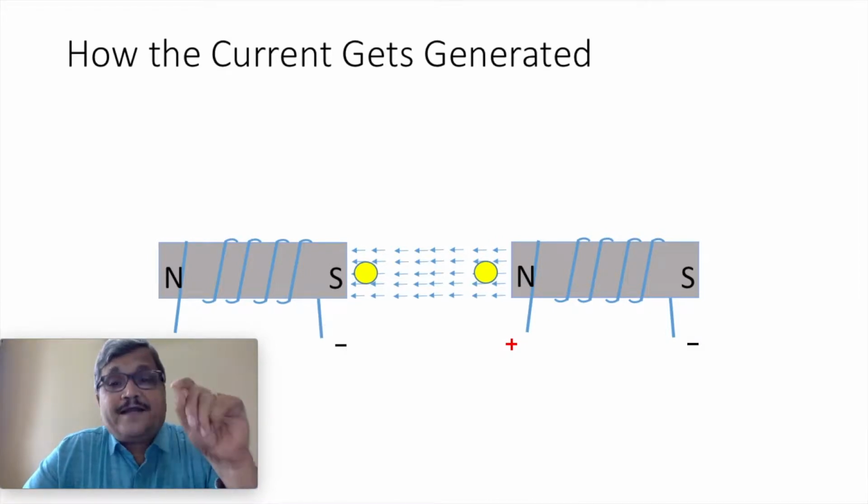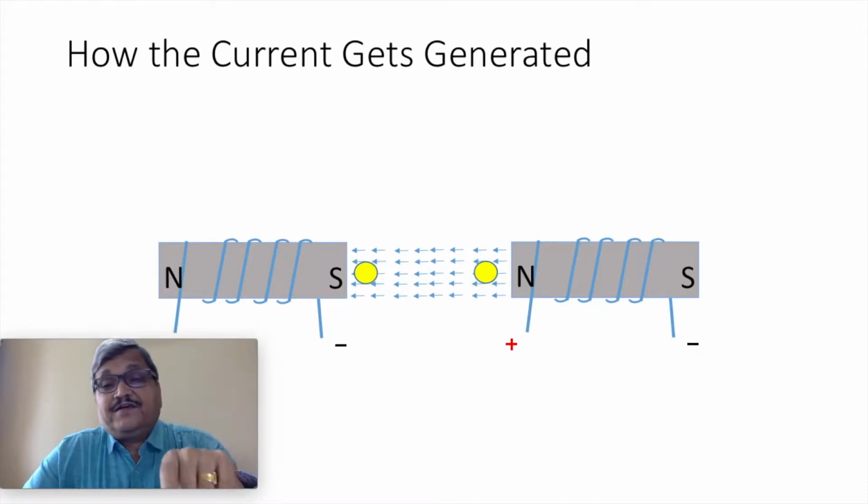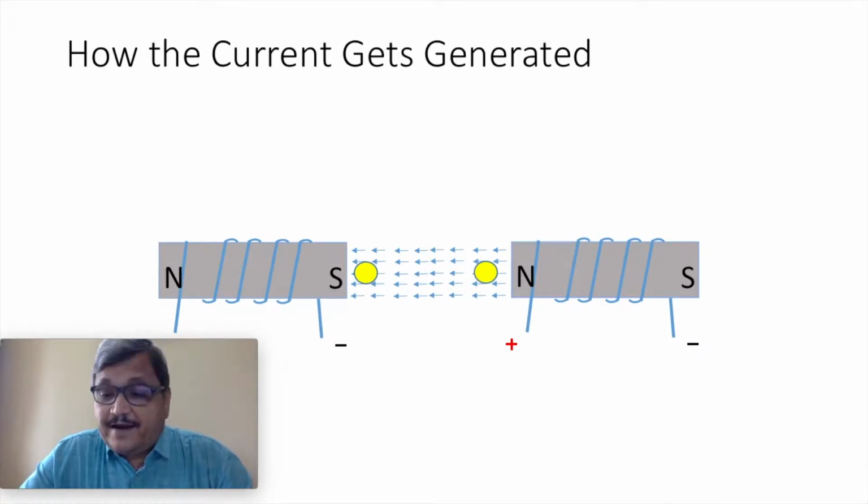So Faraday's law says that whenever a conductor cuts a magnetic flux, the current gets generated.